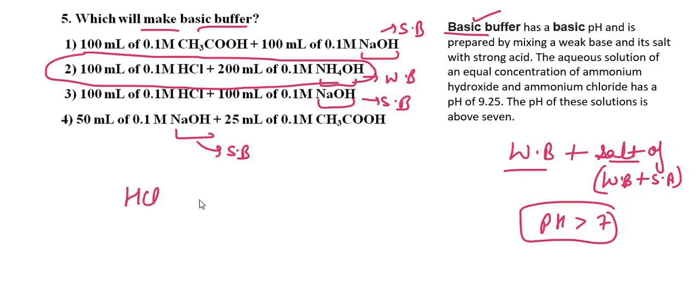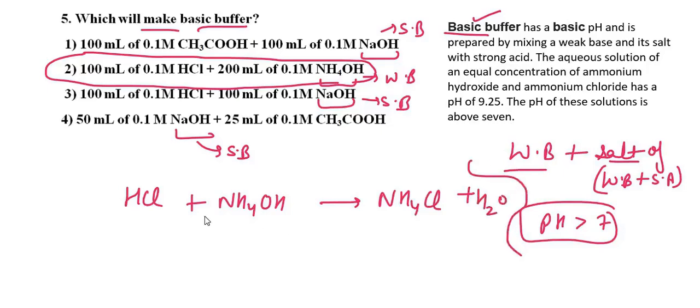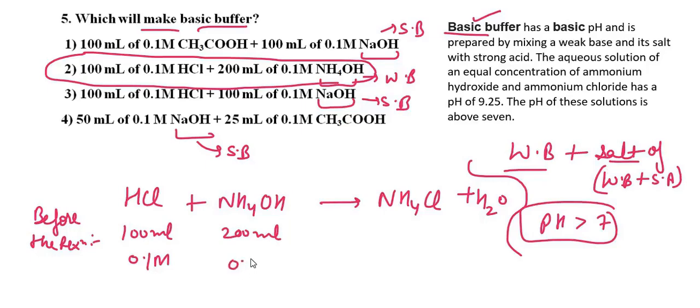So when HCl reacts with NH4OH, this will lead to the formation of a salt, that is NH4Cl, and formation of water. Before the reaction, we can observe that we have 100 ml of 0.1 molar HCl and 200 ml of 0.1 molar NH4OH.